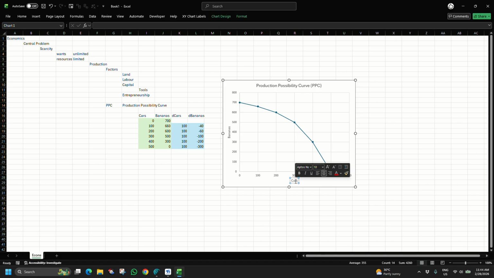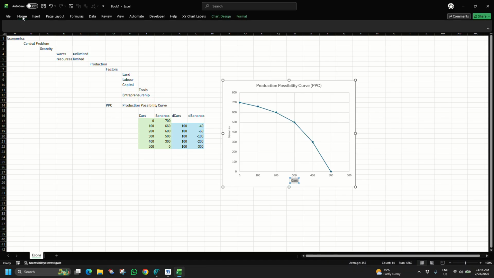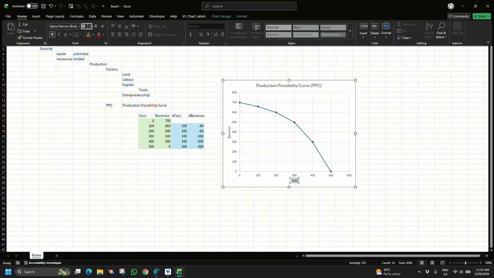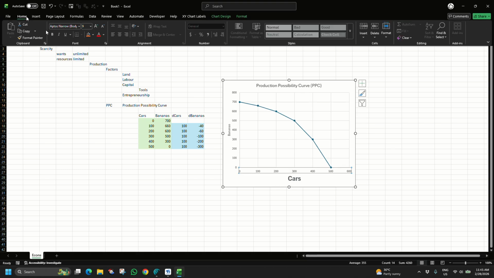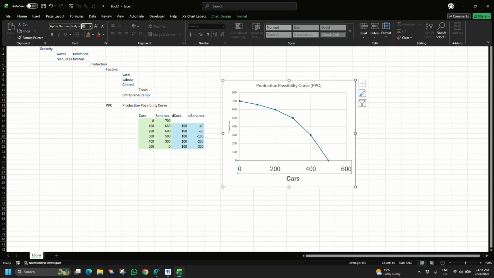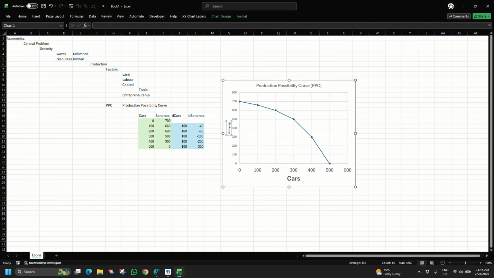Okay, so you can see that, right. Now make it bigger. Make everything bigger. Right, bigger is better.